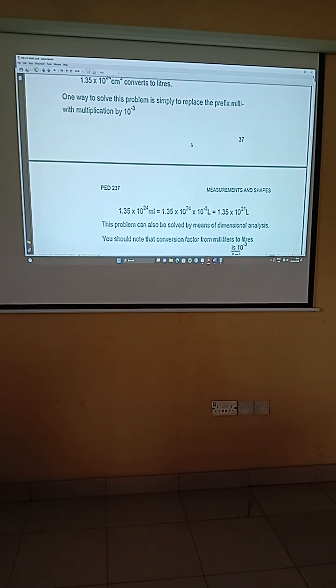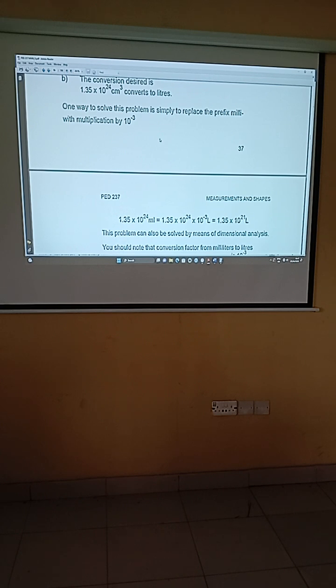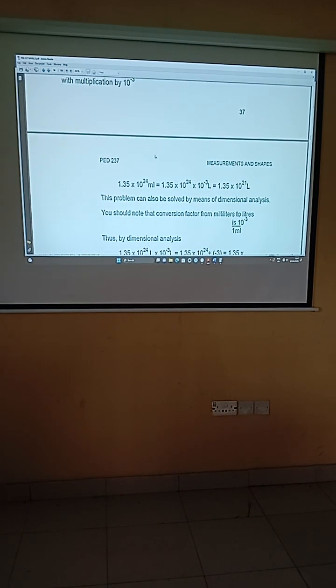When you see any of the prefixes, a metric factor, you should be able to know what it stands for. Because they are all constants. There's something they stand for. So milli is 10 to the power minus 3. We saw kilo not quite long ago. Kilo is 10 to the power 3. So they are different. Milli is 10 to the power minus 3. Kilo is 10 to the power 3. So don't confuse yourself with that.